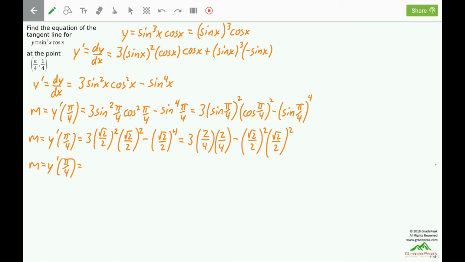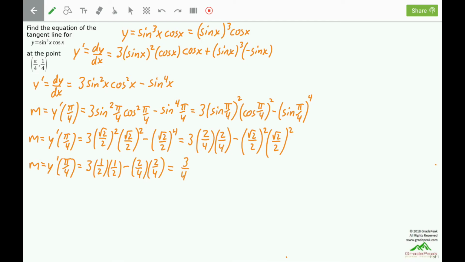So y prime here equals 3 times 2 over 4, which can reduce to 1 over 2. That'll be true for both those. Minus root 2 squared is 2 over 2 squared is 4. So we have a 2 over 4, and we have another 2 over 4. Multiplying 3 times 1/2 times 1/2, multiply all the numerators. 3 times 1 is a 3.